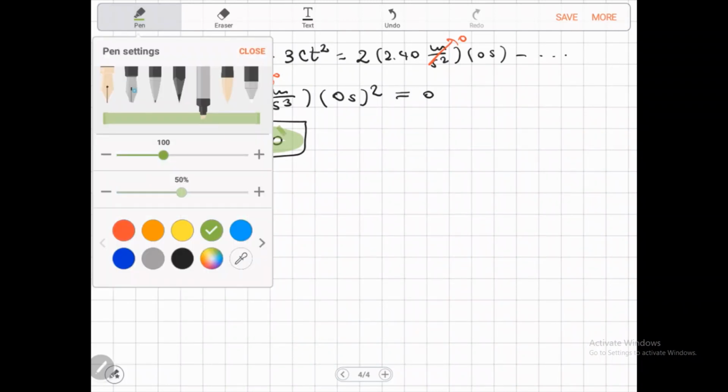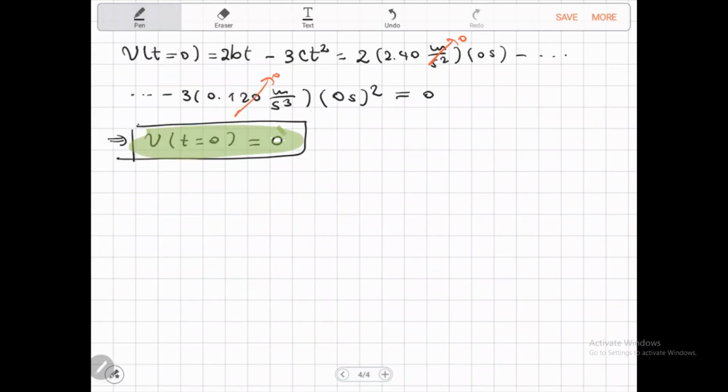So we do the same process to calculate the instantaneous velocity when t is equal to 5, but the difference is that in this case the velocity is not going to be 0, it's going to be a different number. Okay, so we do the same.